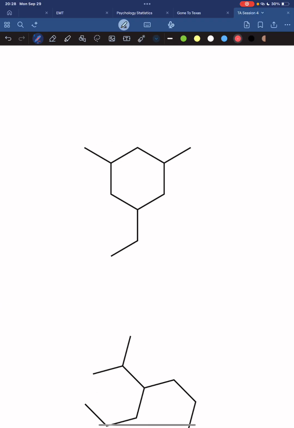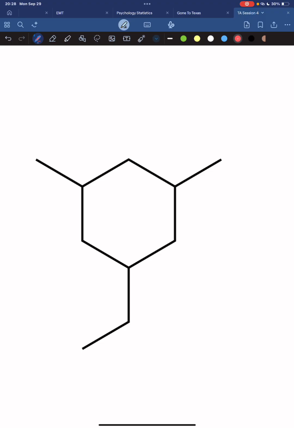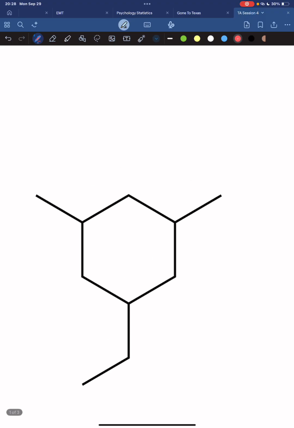All right, next one. Now we have some rings going on. So first, we identify what the ring is. What is this ring? That's right, it's a cyclohexane. So notice we have 1, 2, 3, 4, 5, 6. If this was not cyclic, if this was acyclic, what would that be?